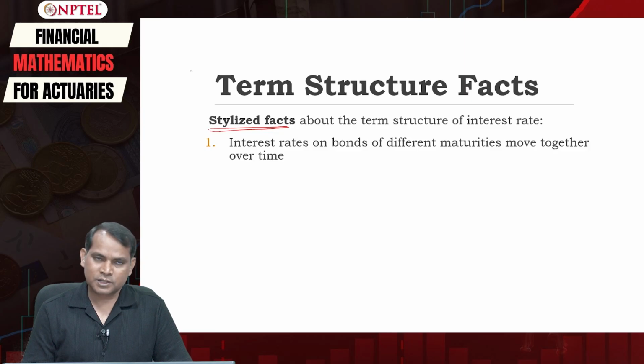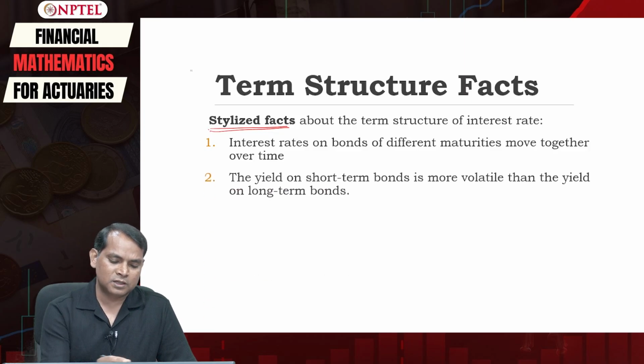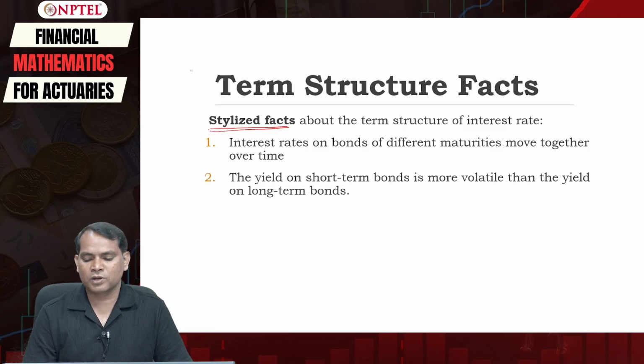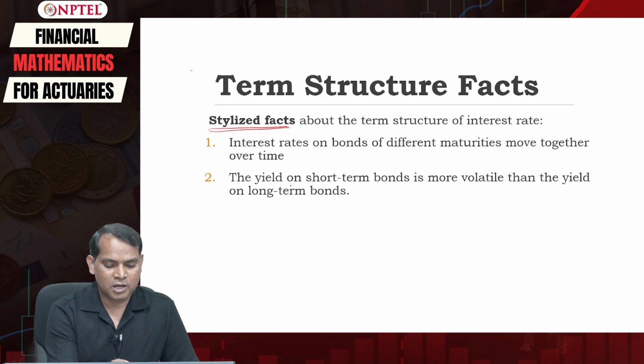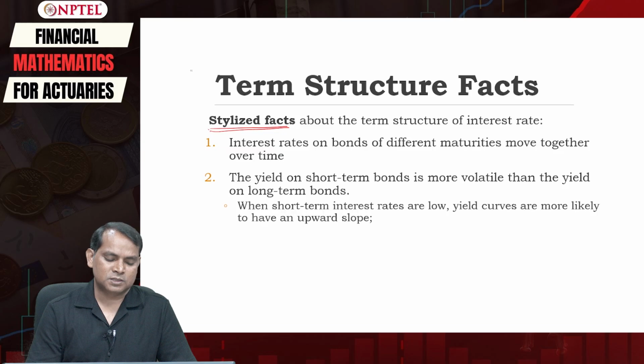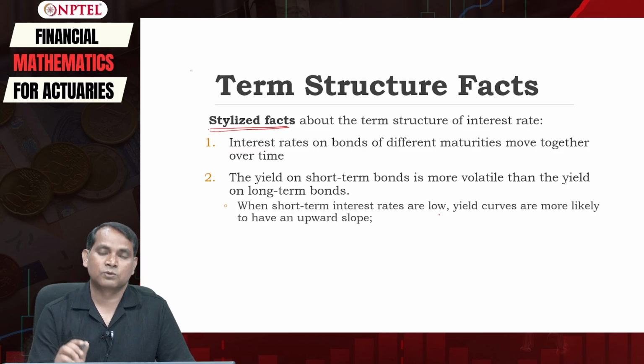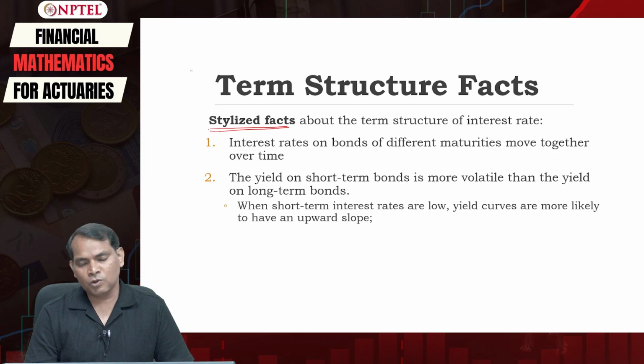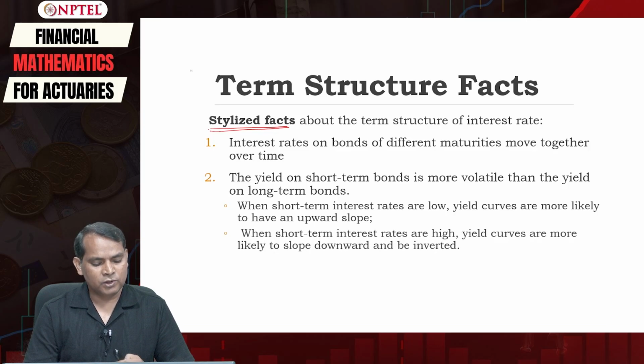And the second one simply says that the yield on short term bonds is more volatile than the yield on long term bonds. I have put it this way as a simple way to remember it, but you can also understand it this way: when short term interest rates are low, yield curves are more likely to have an upward slope, and when short term interest rates are high, yield curves are more likely to slope downward and be inverted.